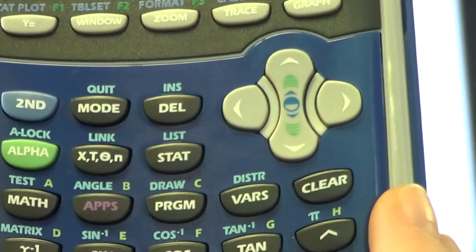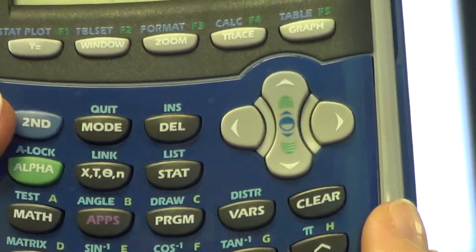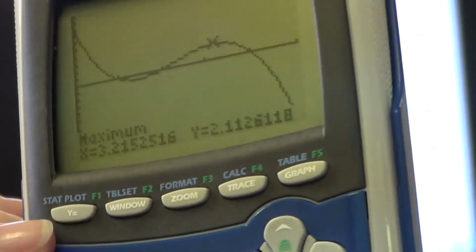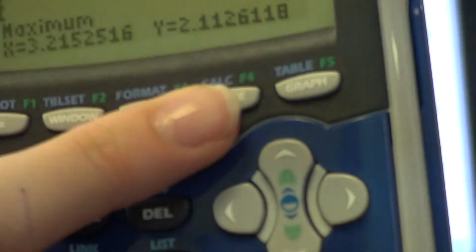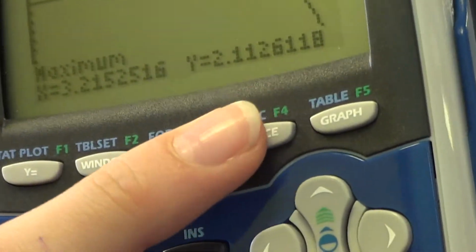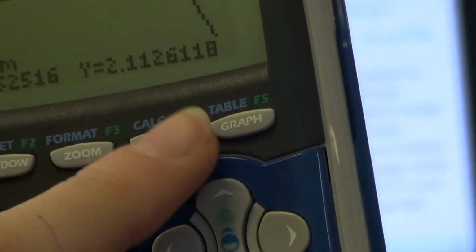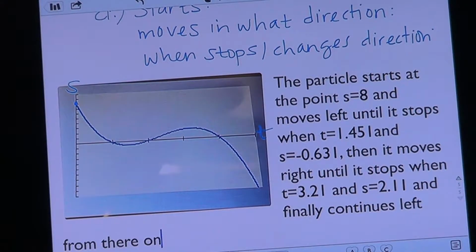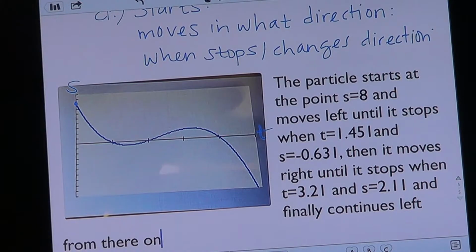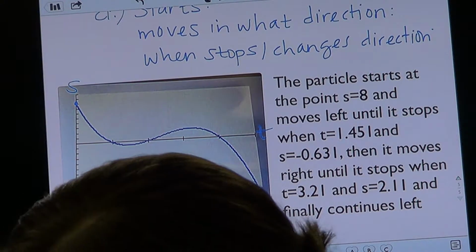And then the other side of it. And click. And you click. Maybe it's showing you right there. Yeah, 3.22 and then 2.11. That's the maximum point.